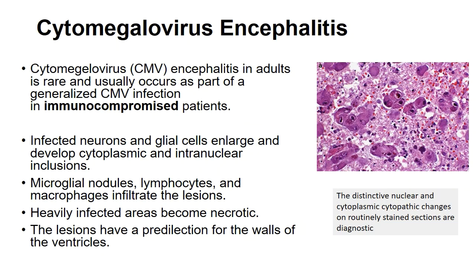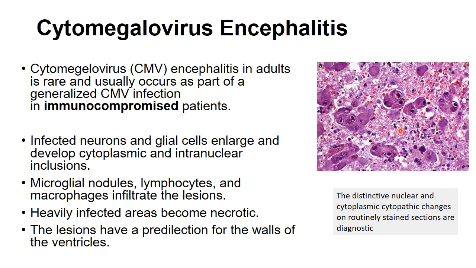Now coming to cytomegalovirus induced encephalitis, or CMV encephalitis, which is rare in adults and usually happens in immunocompromised individuals. It affects the neurons and glial cells that enlarge and develop characteristic cytoplasmic and intranuclear inclusions. Microglial nodules and inflammatory infiltrate, which is particularly rich in lymphocytes and macrophages, infiltrates the lesions.